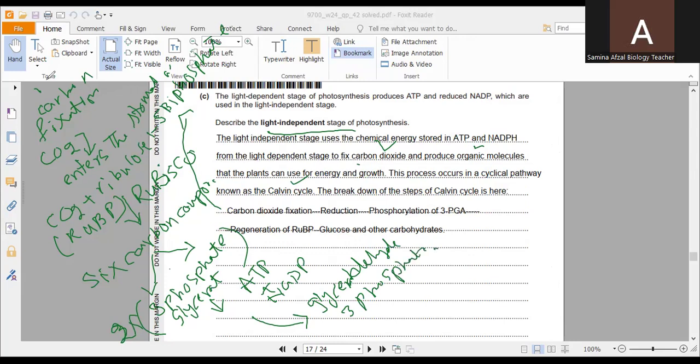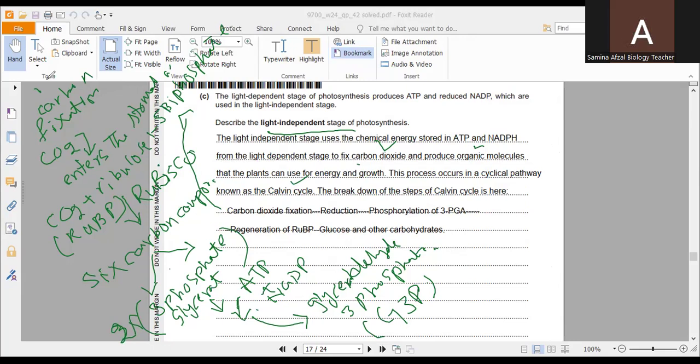First of all, it is phosphorylated by ATP in the first step. In the second step, the 1,3 bisphosphoglycerate is then reduced by NADPH, losing a phosphate group to become glyceraldehyde 3 phosphate. It can be written in this way.